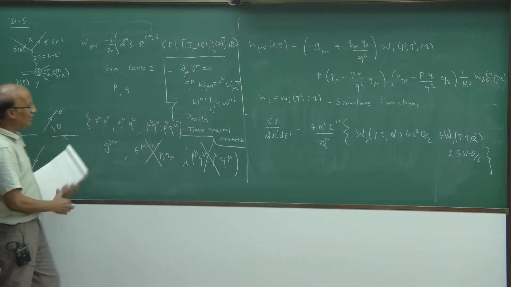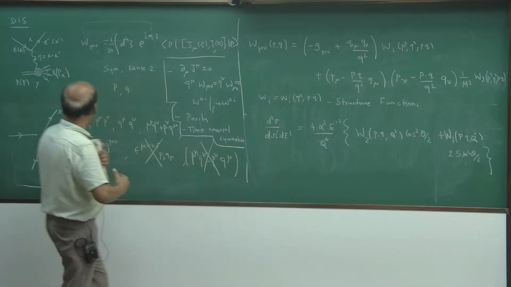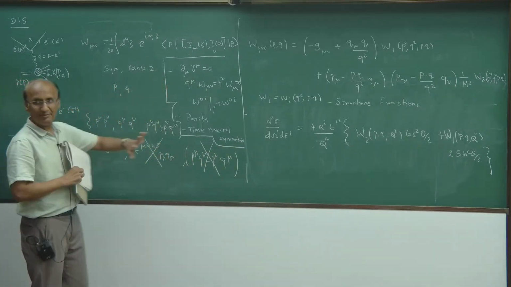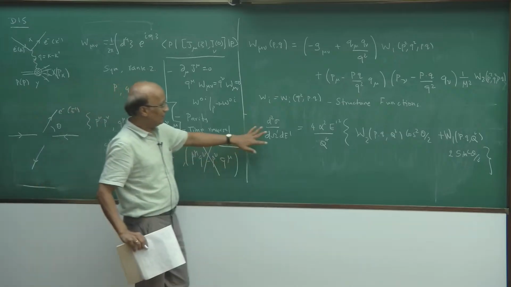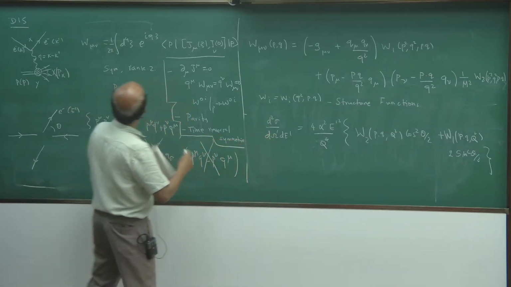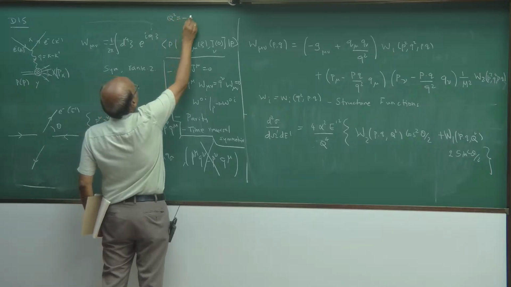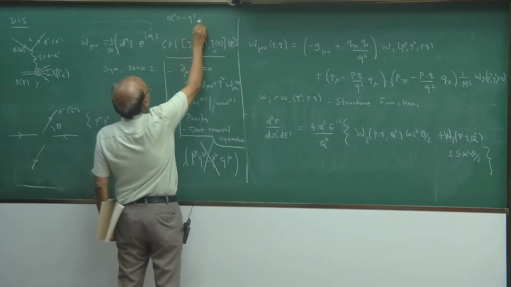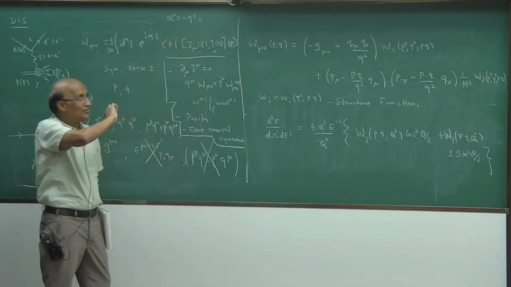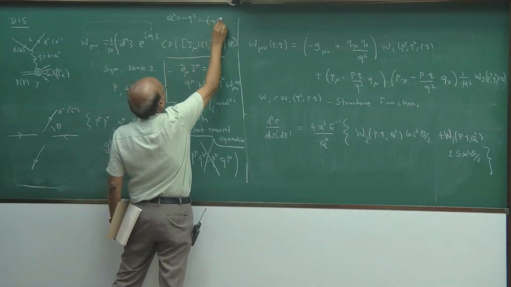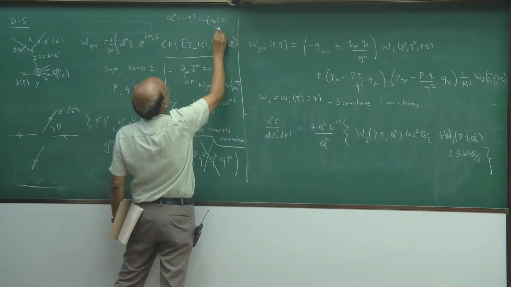It has a solid angle d omega, and the energy of this lepton is E prime. The rest of them I have integrated out. I think I have written down what capital Q square was: Q square is minus small q square, which is minus 4 E prime sine square theta by 2.